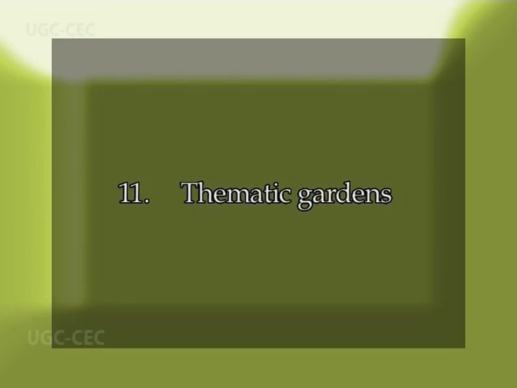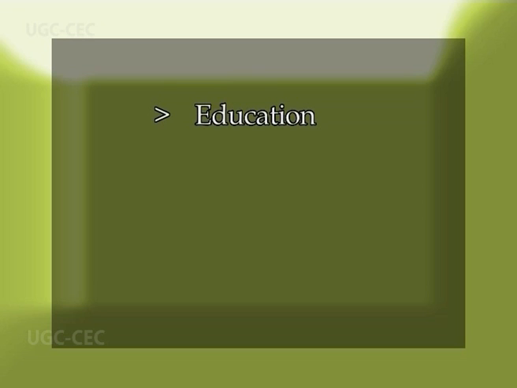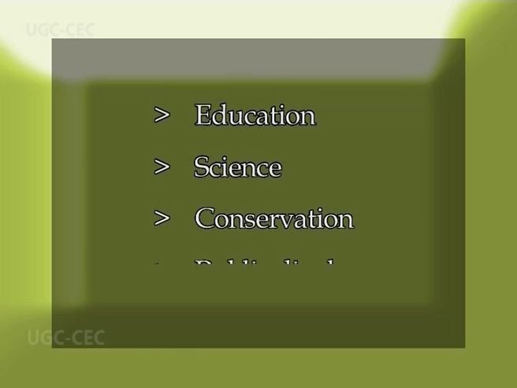Number 11, thematic gardens. These specialize in growing a limited range of related or morphologically similar plants or plants grown to illustrate a particular theme, generally in support of education, science, conservation, and public display.